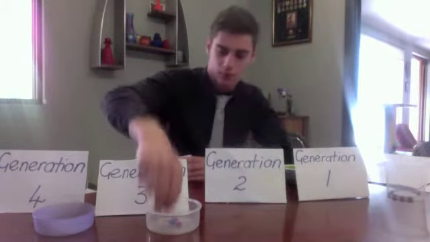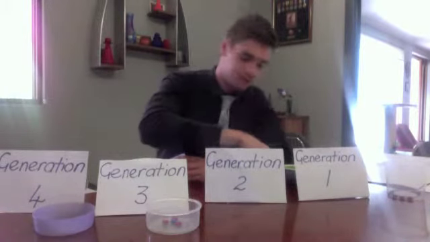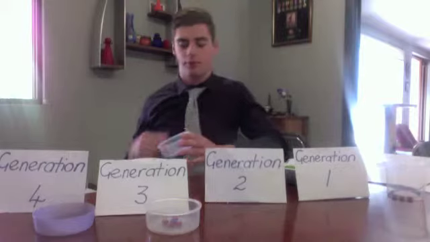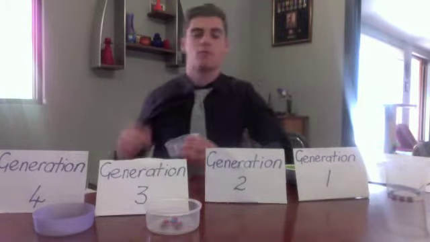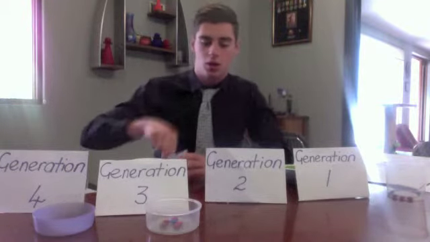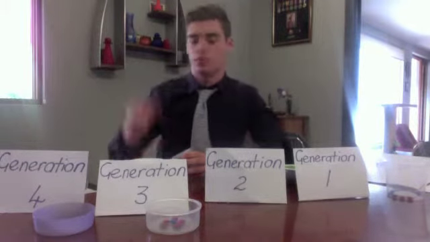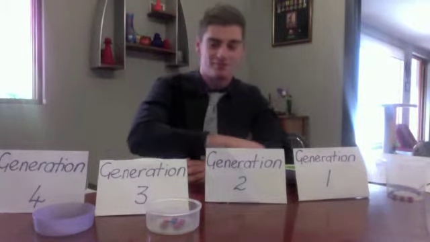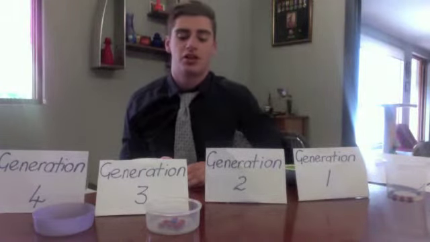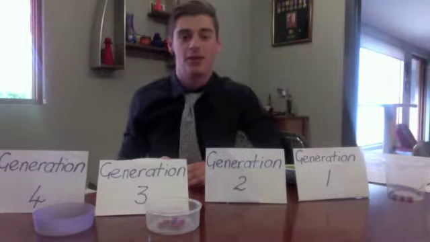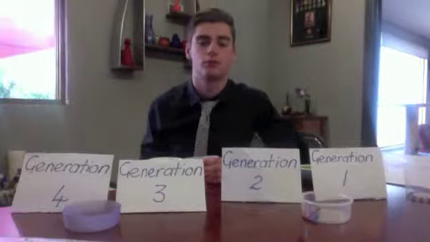Red, red, 4 red and 1 blue, red, red, and for our last one, another red. So, after those 8 random selections, we've got 7 red alleles and 1 blue allele. This is continuing with our previous pattern of genetic drift.